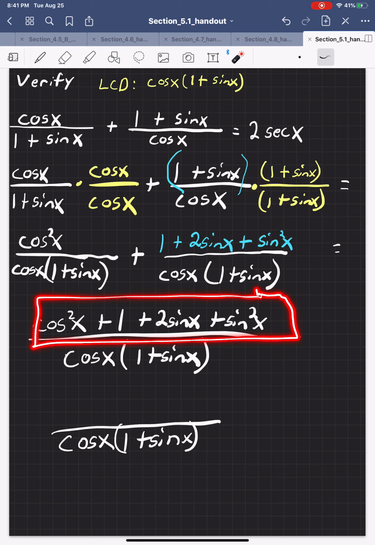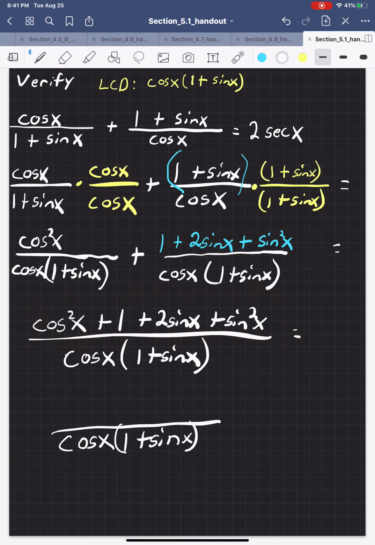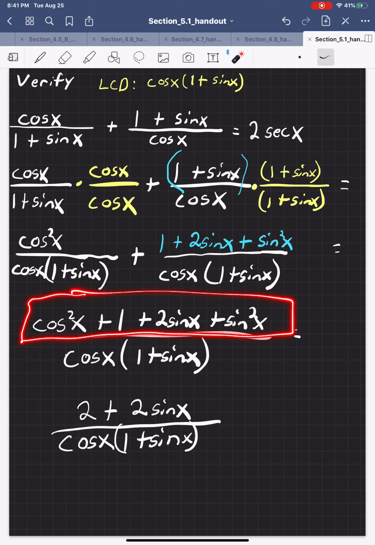How did I go from this numerator to what I'm about to write next? Interesting. How? Don't worry, I'll tell you, but just take a second. How did I go from the above step to where I'm at right now?